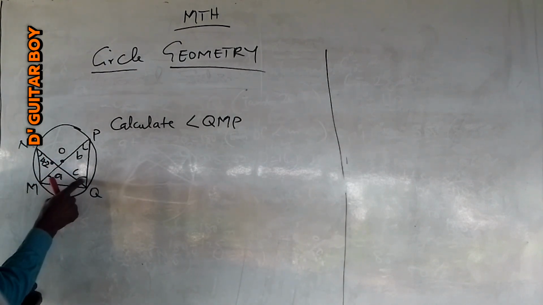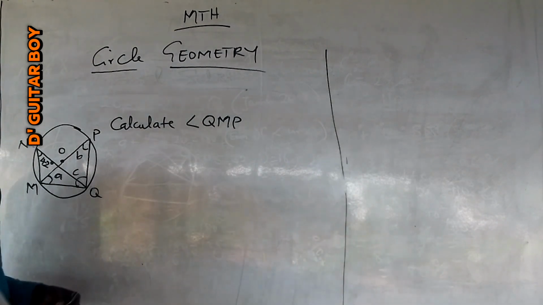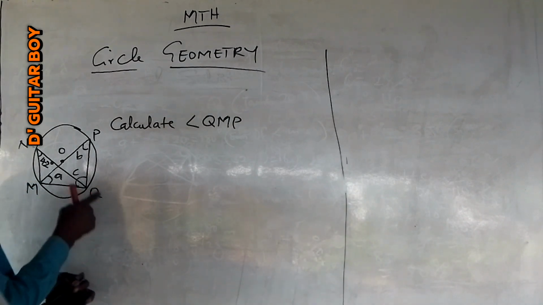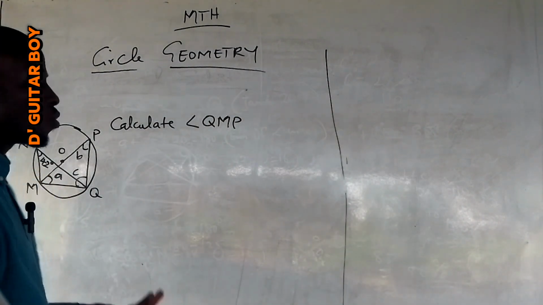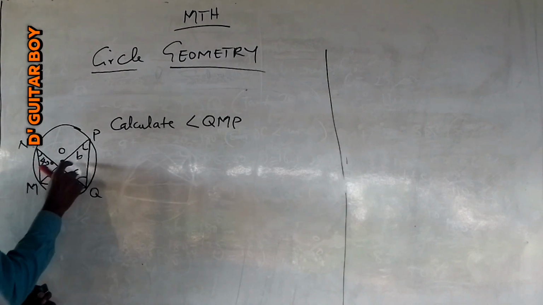I already know this one. This one is simple. That is angle on a semicircle. You remember when we said angle on a semicircle, that's another theorem. Angle on a semicircle is 90 degrees. So angle on the semicircle will give us here, and angle on the same segment will give us here.